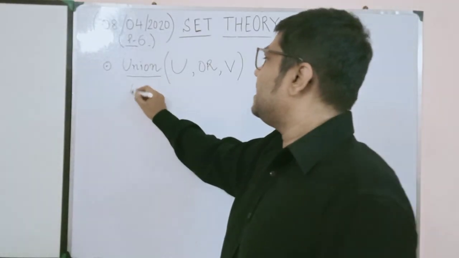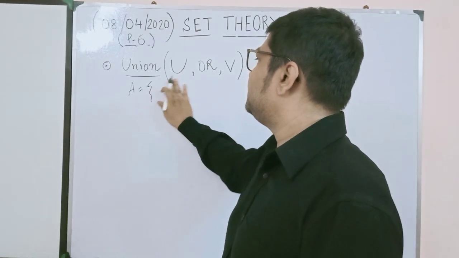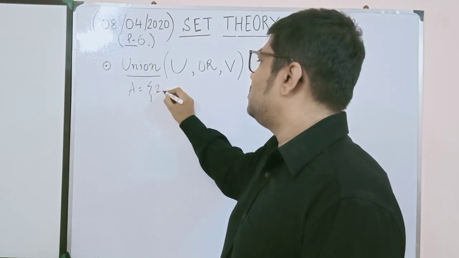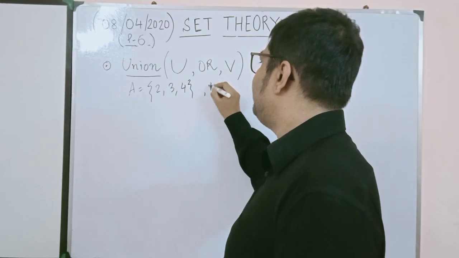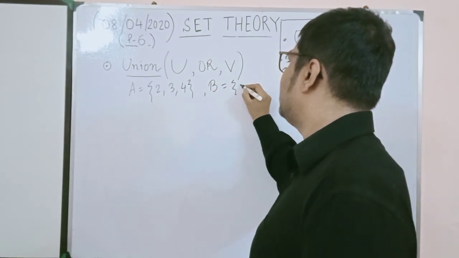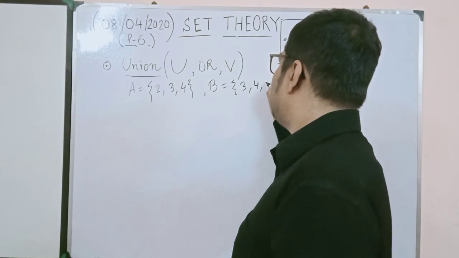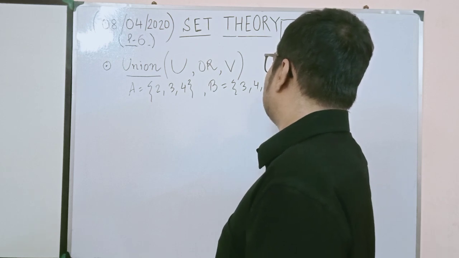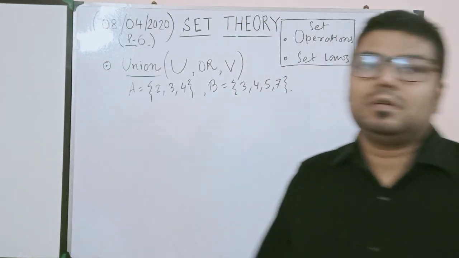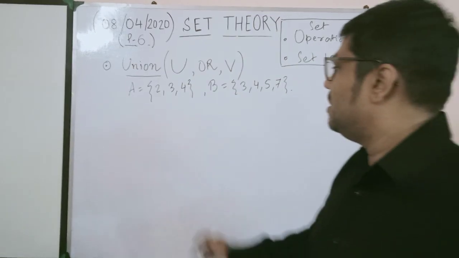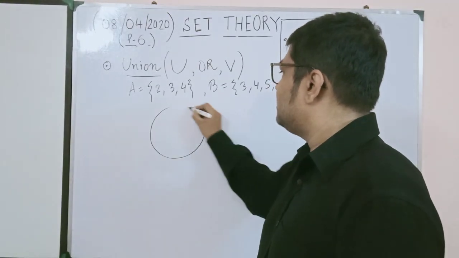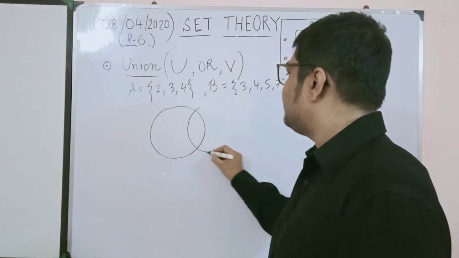Say we write a set A equals 2, 3, 4, and a set B equals 3, 4, 5, 7. The same example which I wrote. So let us draw some circles. These are known as Venn diagrams.